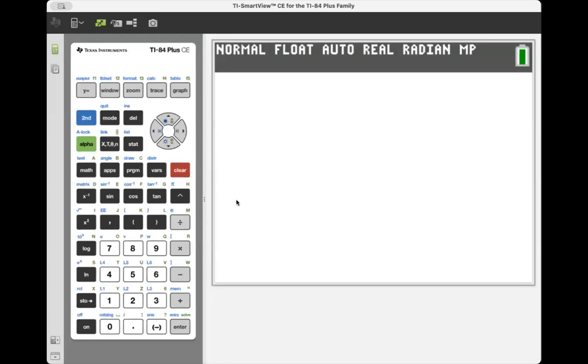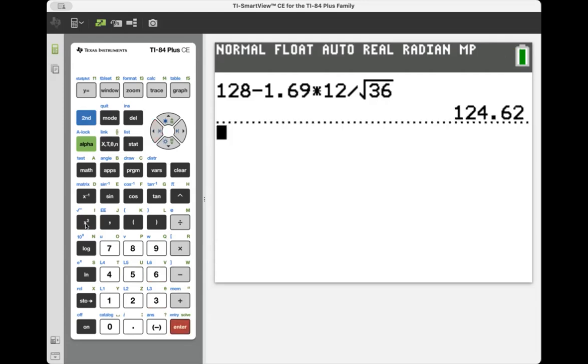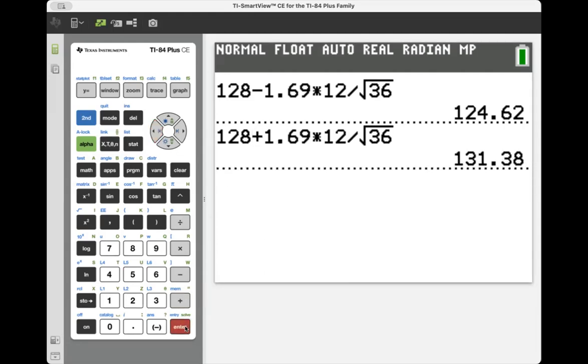Okay, so let's take 128 minus the t-score, 1.69. You can leave off the last 0, times 12 divided by the square root of 36. 124.62, and let's repeat that, changing the minus to a plus. 131.38.